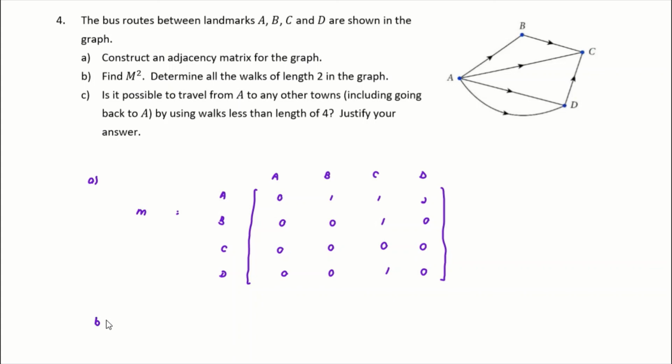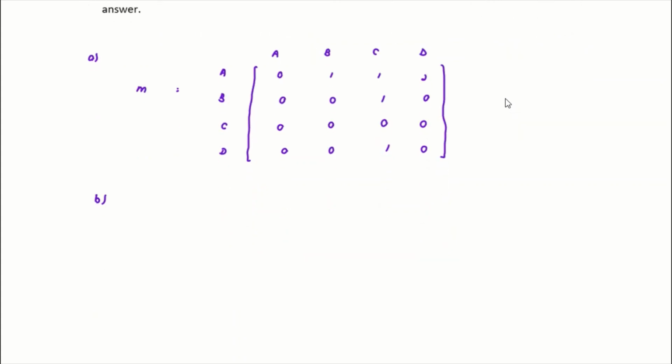So remember, when you are doing your part 1, make sure that your matrix here is not symmetrical about the leading diagonal that you have in part A, because this is a digraph. Okay, so for part B, let's try to calculate it in our calculator. Same thing, I will try to fast forward the process. You should be able to do it by now.